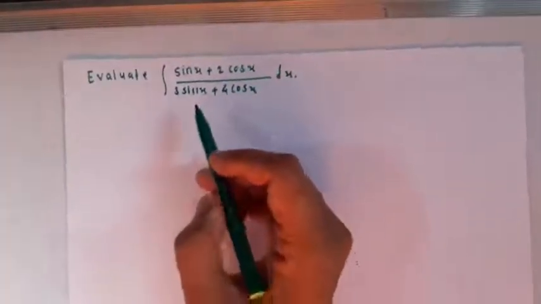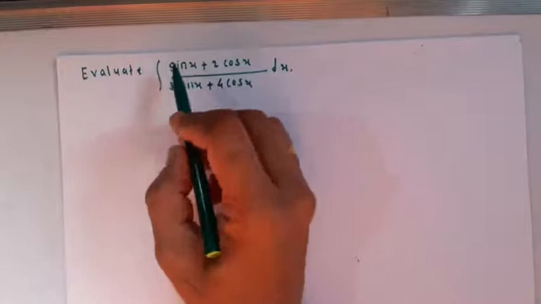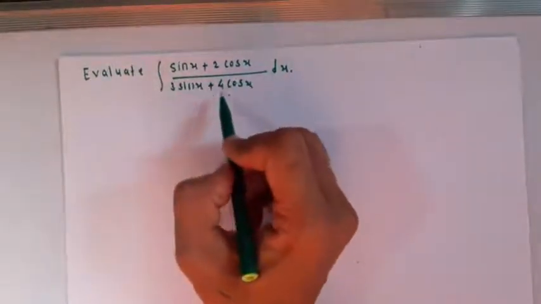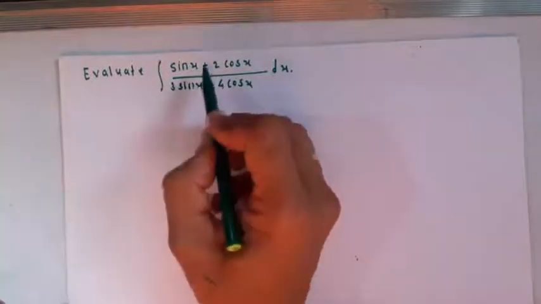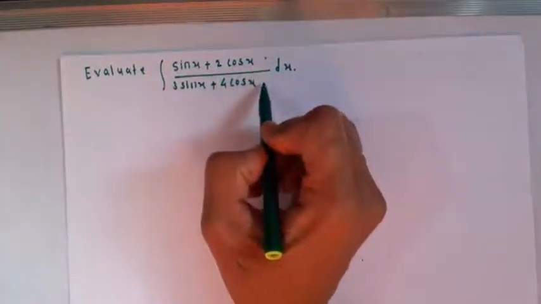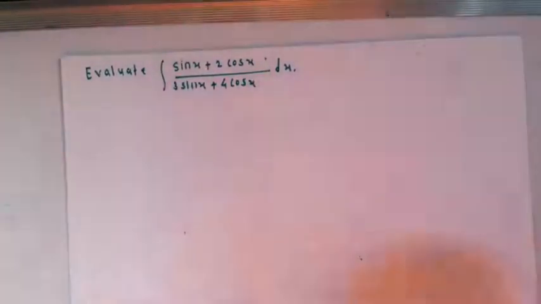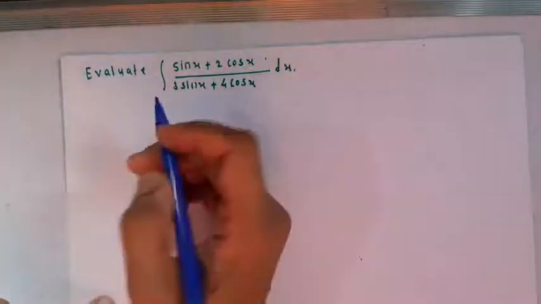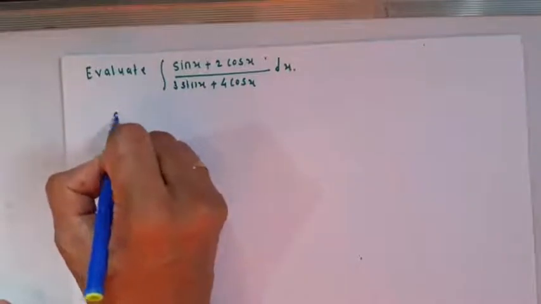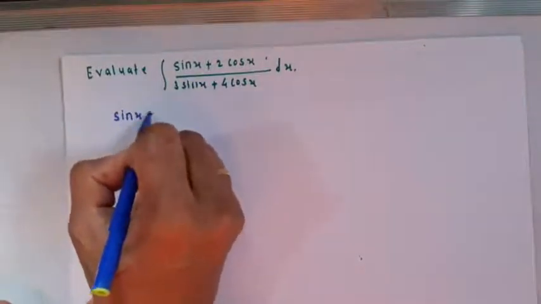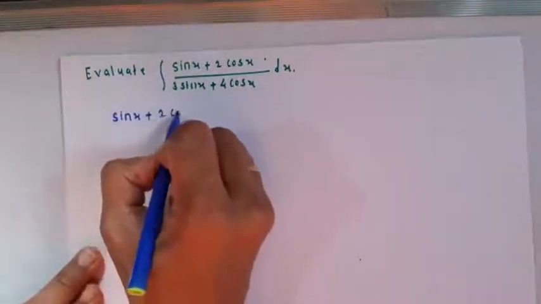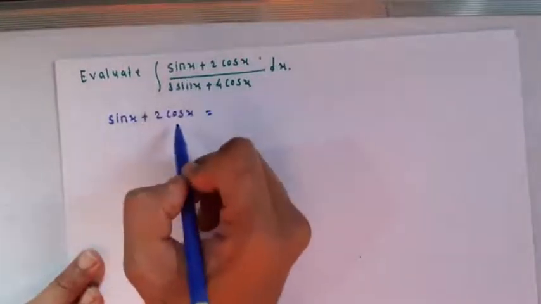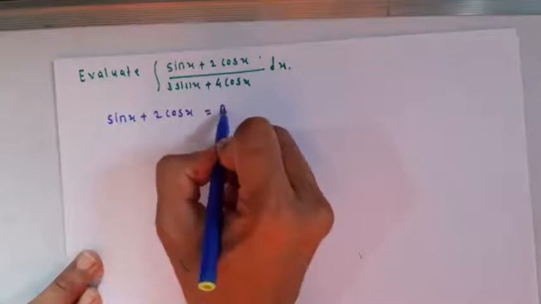The example is: integrate (sin x plus 2 cos x) upon (3 sin x plus 4 cos x). This is the numerator and this is the denominator. So the numerator, that is sin x plus 2 cos x, is equal to a into the denominator, that is 3 sin x plus 4 cos x, plus b into the derivative of the denominator.